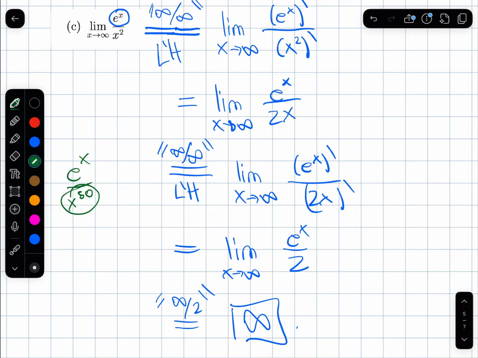It's going to come down. If you use L'Hopital's rule 50 times, then this is going to be e to the power infinity, e to the power x divided by some constant. So that's going to be infinity either way. At infinity, of course. Right?